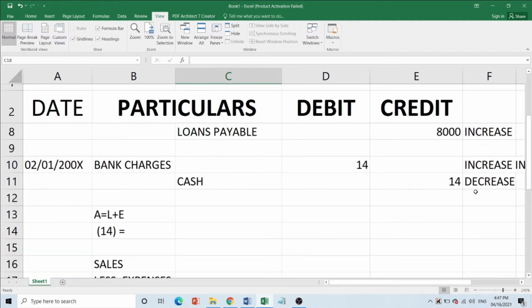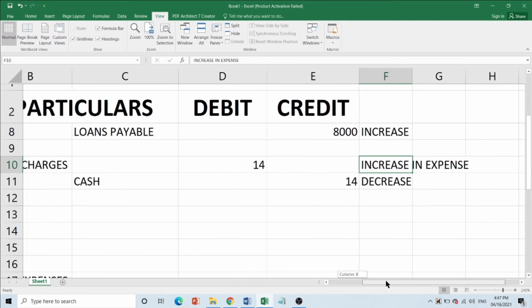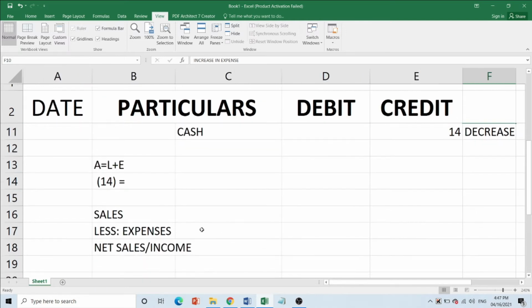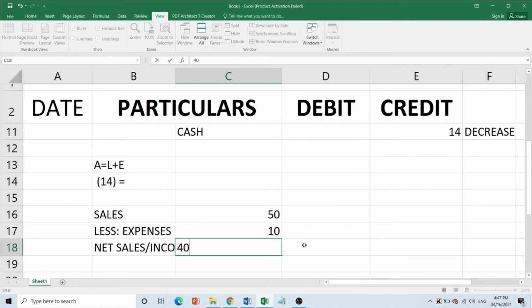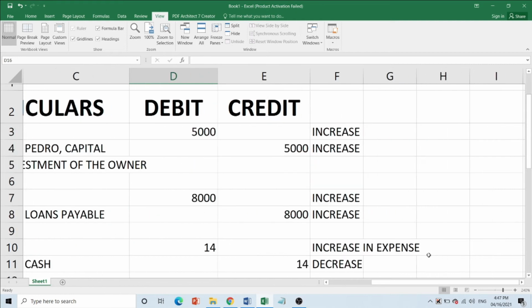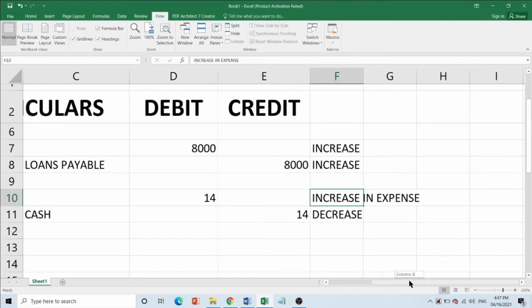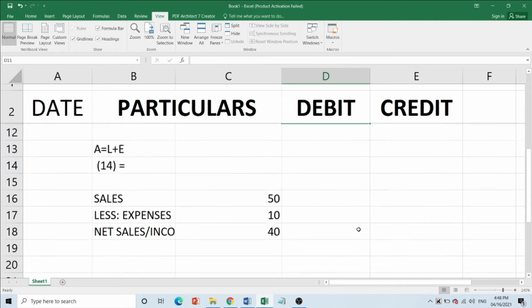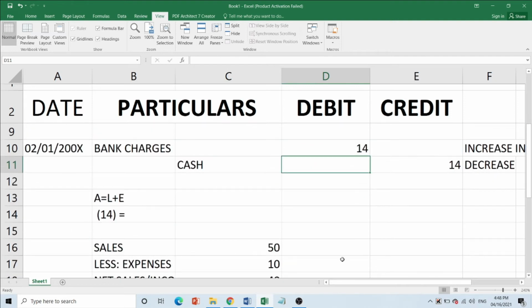So ngayon, since yung increase dito kay expense, kung nag-increase ito, let's say yung expense natin is 10 pesos at yung sales natin is 50 pesos. Meron tayong 40 pesos. But since nag-increase daw ang expense natin ng 14 pesos, so let's say 10 plus 14, that is 24.